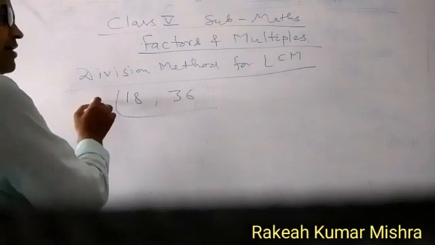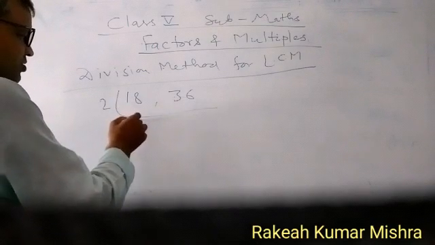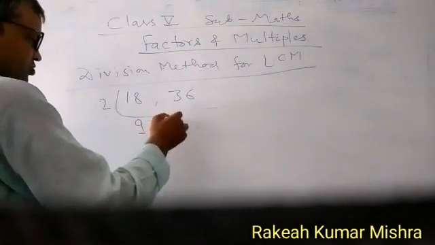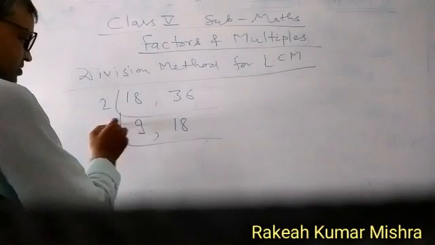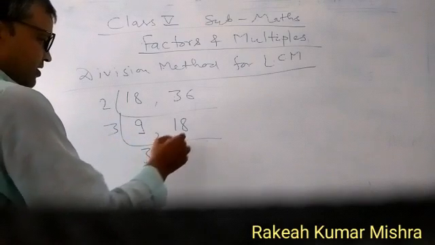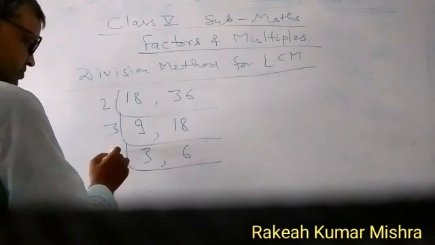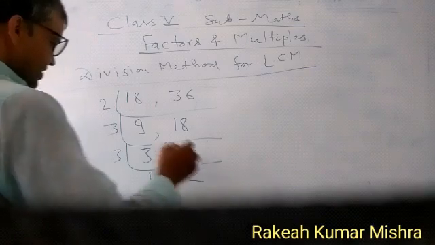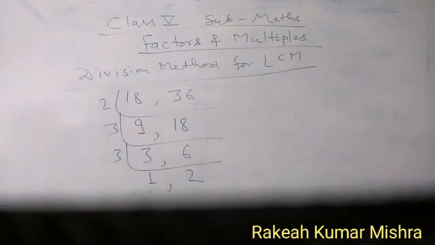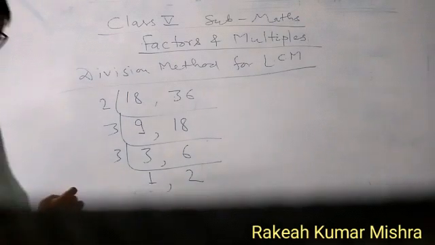You have to use only prime numbers here. This will be better. 2 nines are 18, 2 18s are 36, 3 threes are 9, 3 sixes are 18, 3 ones are 3, 3 twos are 6. Now we have no prime number to divide these both numbers.